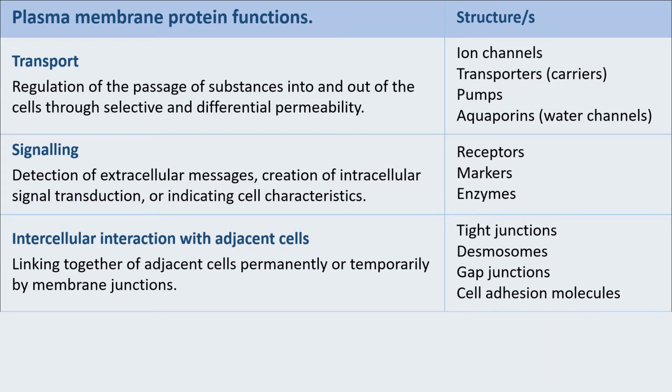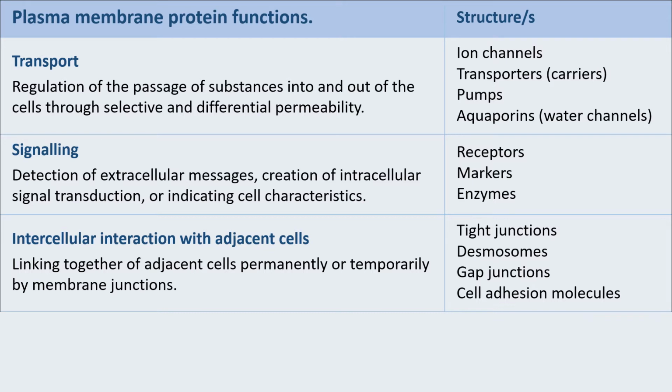Intercellular interaction with adjacent cells. If you think about it, there's no point in having a cell not attached to anything. It's got to be attached either to adjacent cells or to the extracellular matrix to hold it into the form of tissues. Tissues then become organs or key structures.